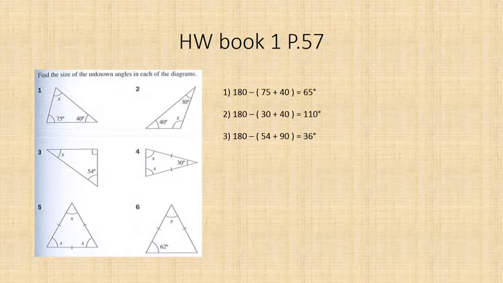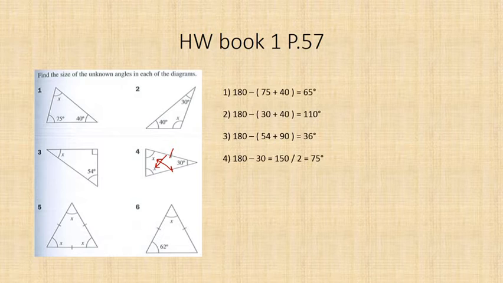Look, this side is equal to this side. This side is looking at this angle, and this side is looking at this angle. So I know that these two angles are equal, and he said here that this is angle x and this is angle x. So both of them are equal. So you're just making 180 minus 30, so it's going to be 150, and then divide it by 2, which is going to be equal to 75 degrees.